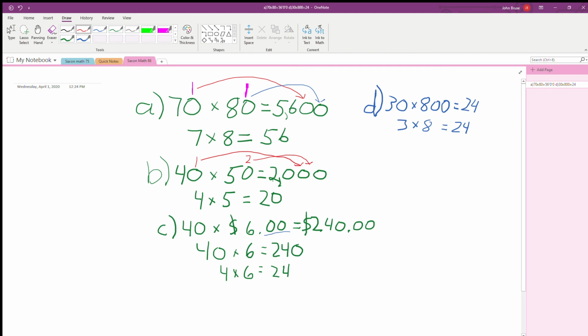I've got 1, 2, 3. So I'm going to add 3 zeros to my answer. We've got 1, 2, 3. So my answer should have been 24,000. All right, and that's how you can multiply big numbers that end in 0 in your head.